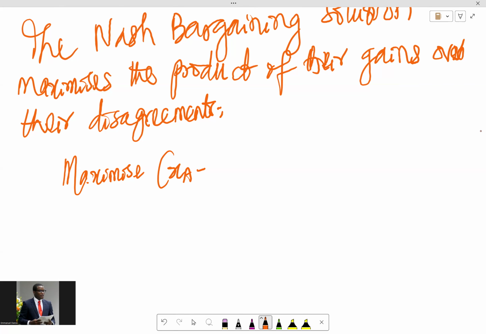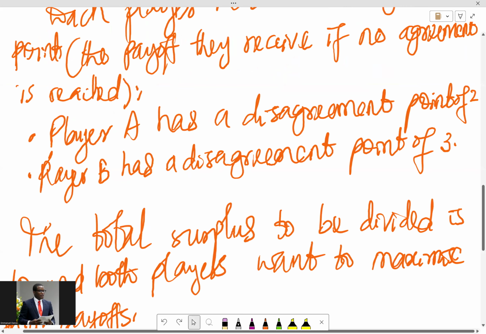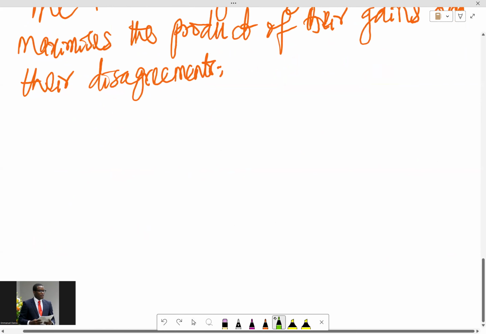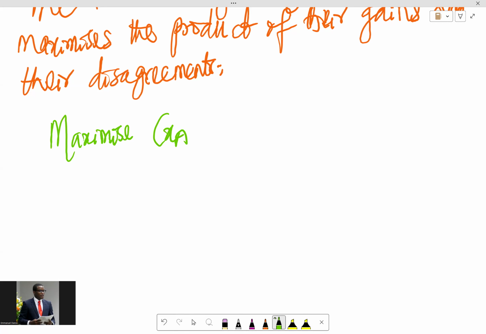XA minus 2. I guess we need to change markers, so we go for green now. The deal is to maximize their profits over their disagreement points. So we have XA, the payoff for A, minus 2, A's disagreement point, and XB minus 3, with 3 being B's disagreement point.